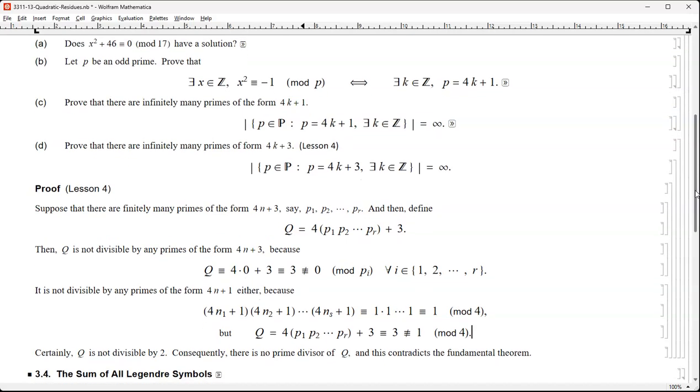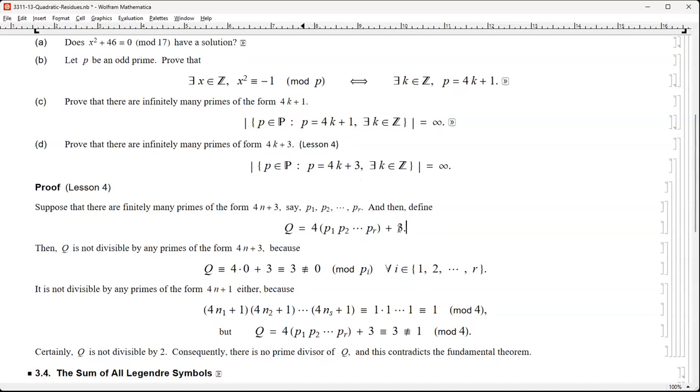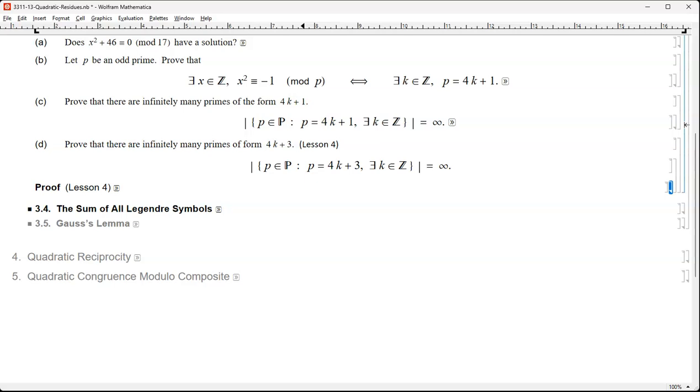In any case, this kind of assumption, suppose that there are finitely many, and multiply them all and some expression and plus something, that trick is common here.